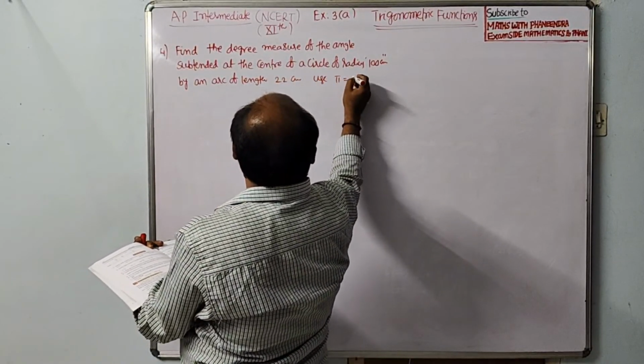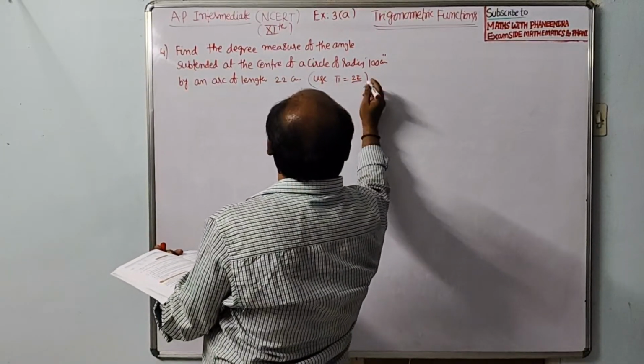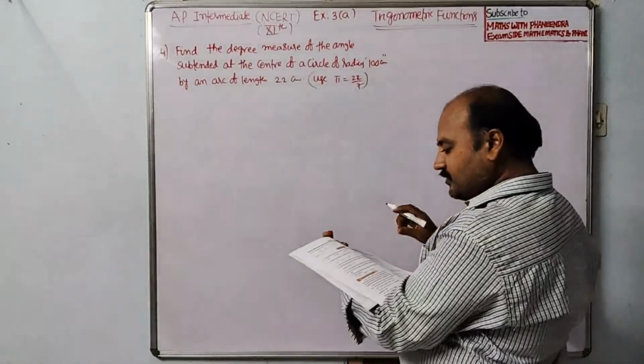Use pi as 22 by 7. It is given. Condition only given.